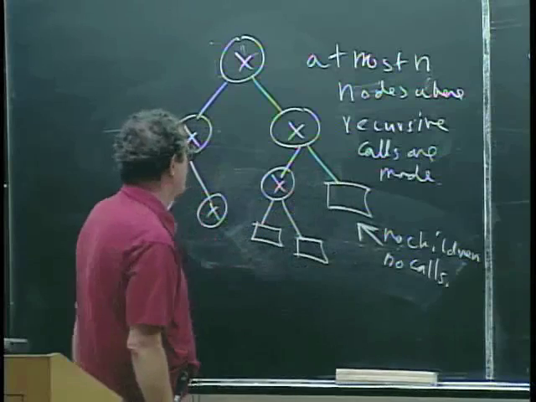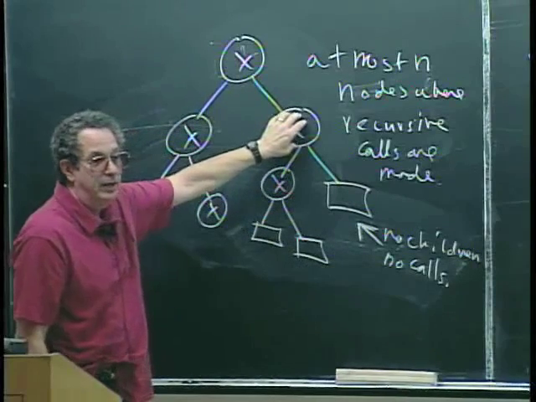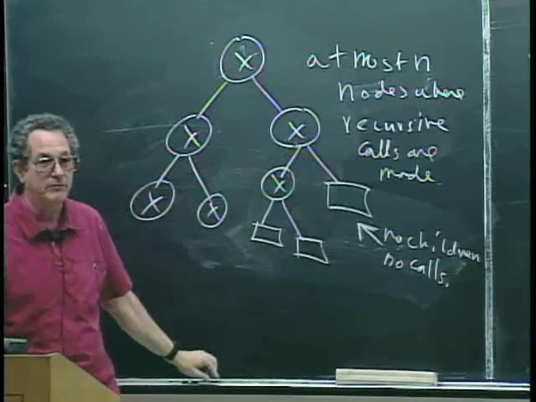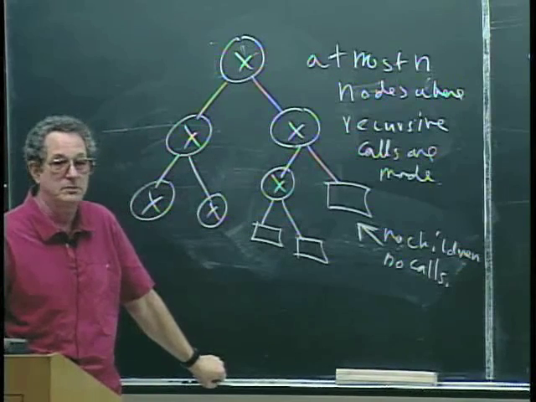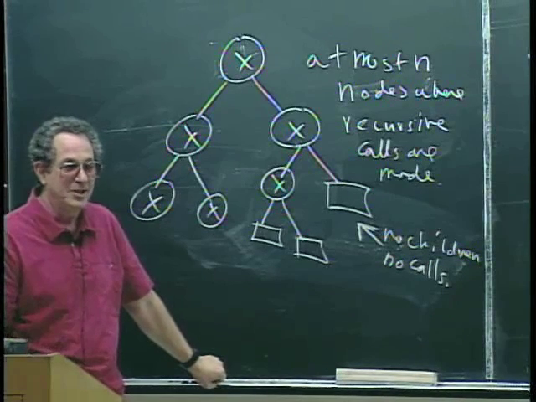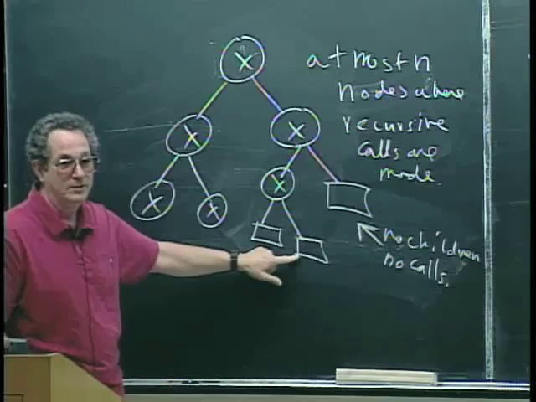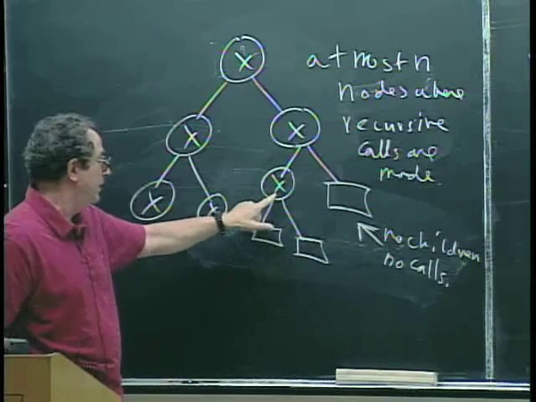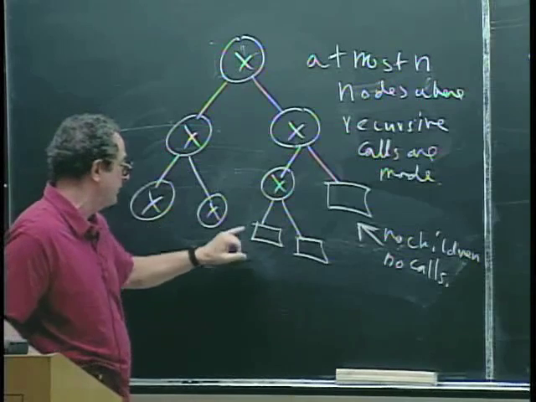Okay? Now, a node that does have a recursive call, how many children does it have at most that don't make recursive calls? 4? No. Well, possibly 2. Oh, I'm sorry, you're right. I'm saying it's making a recursive call.